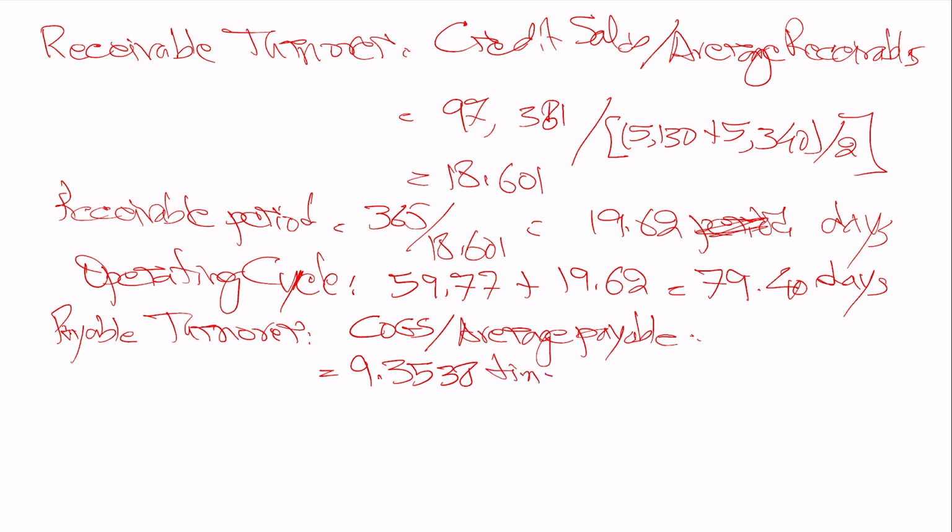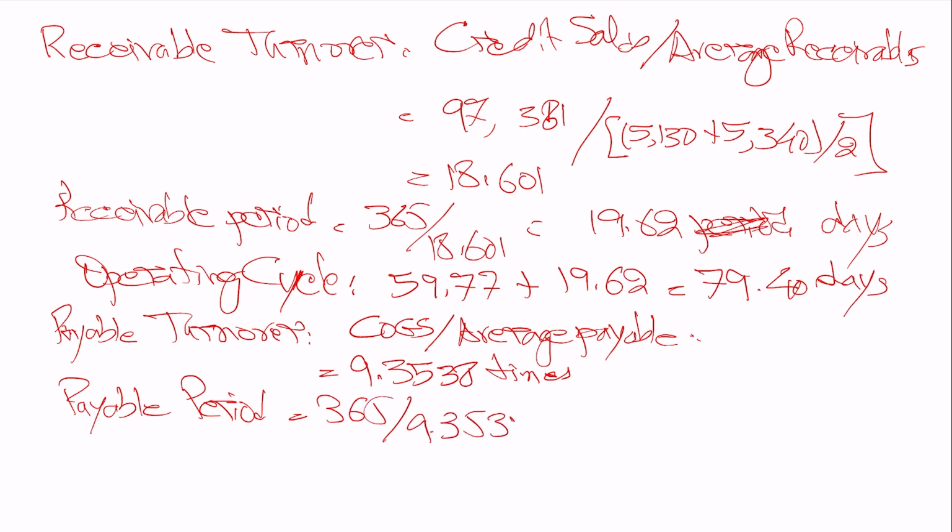And this payable period is 365 divided by 9.3853, so we get 39.02 days.